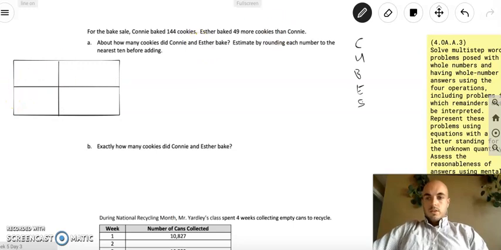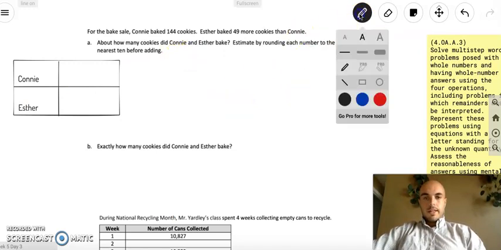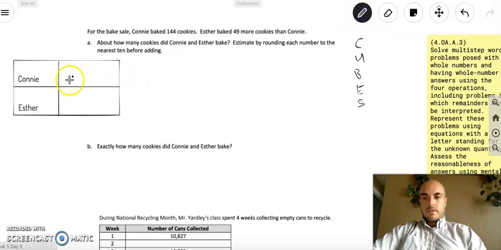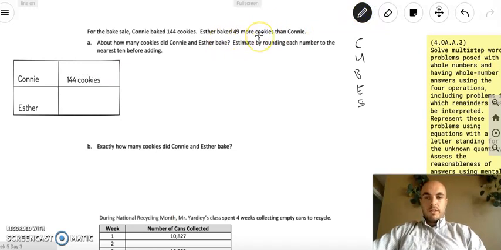Okay, so we have Connie and we have Esther. So we know that Connie baked 144 cookies. We know that Esther baked 49 more cookies than Connie.